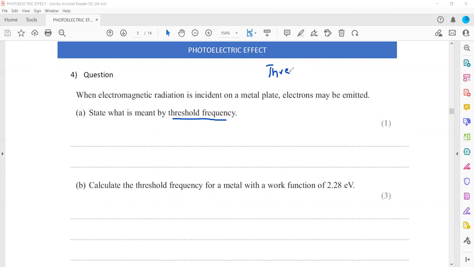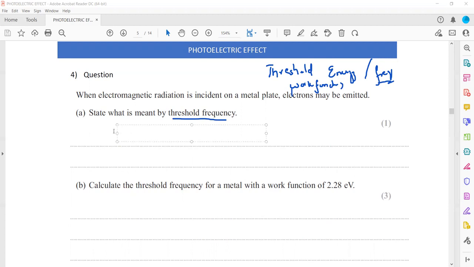So threshold can be energy, threshold can be frequency. Threshold energy is also known as the work function. We also say it as a work function, or threshold frequency. So what is the threshold frequency?